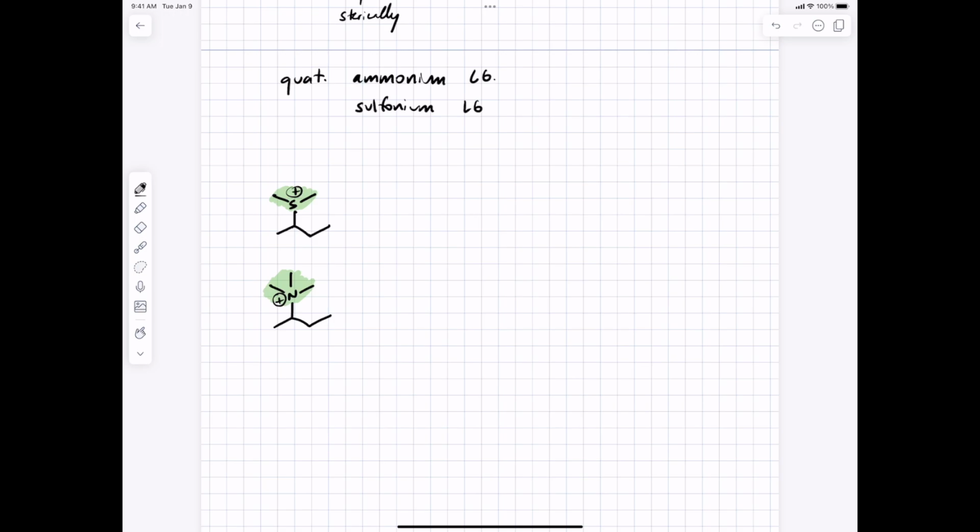And then, so for the sulfonium group, they're using sodium ethoxide in ethanol. And then here's the Hofmann elimination product versus the Zaitsev elimination product. 74% for Hofmann, 26% for Zaitsev.